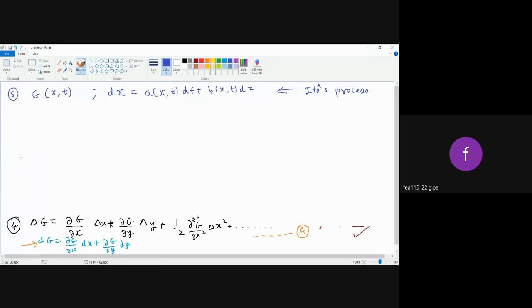Now, if I do a simple Taylor series expansion for this, the behavior of the Taylor series will be slightly different here. We'll talk about that as well. So guys, just bear with me for maybe 2-3 more steps and we'll have the result. So we have delta G is equal to ∂G/∂X into delta X. The result which we derive now can be applied to a variety of products.